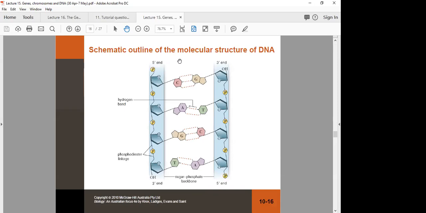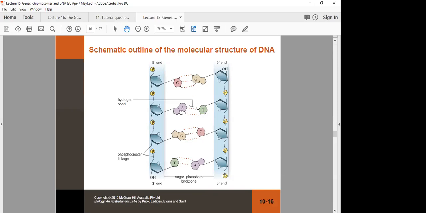We know how the 2 strands are bonded together as a result of hydrogen bonding. 3 hydrogen bonds always between a C and a G, and 2 hydrogen bonds between an A and a T. So because of this complementary base pairing, we could say if we knew how many cytosines were in one strand of DNA, then we would also know how many guanines were in the opposite strand of DNA.